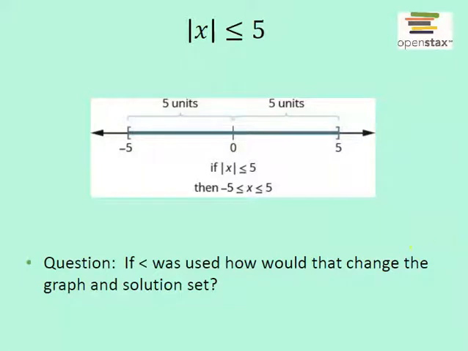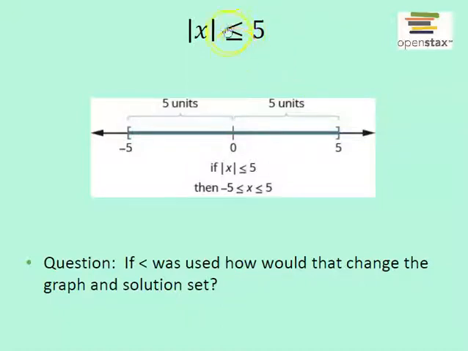So the question that I asked below is, in this case we have less than or equal to, but what if we replace that less than or equal to with just a less than? What would that change in this picture, and what would that change in this and inequality?